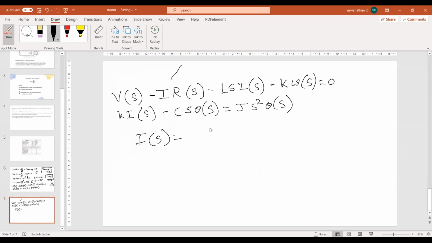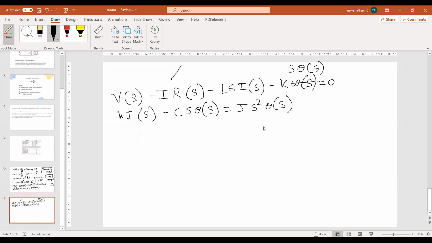Instead of omega of s, I can write it as s theta of s, so k into s into theta of s. So that is omega of s.